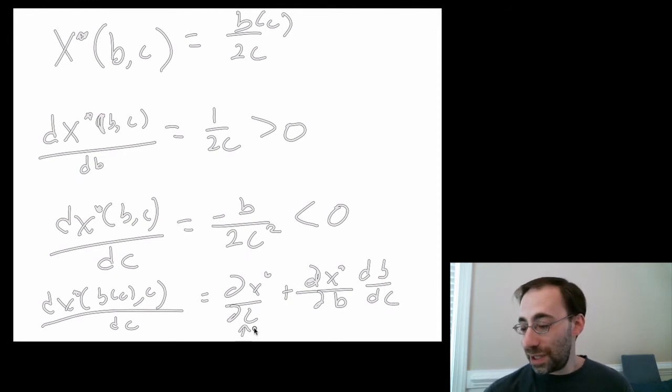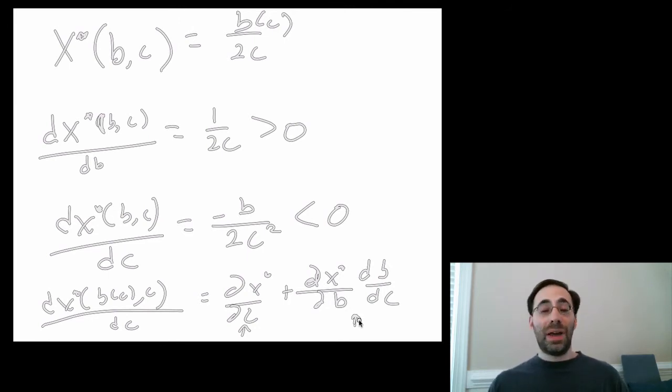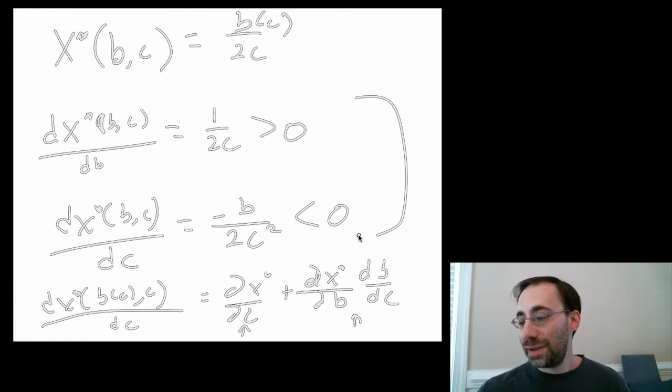This is the direct effect of c on x star, and this is the indirect effect of c on x star acting through b. So sometimes this is a more complicated derivative to define explicitly, but typically our parameters don't depend on other parameters. So typically we have derivatives look just like this when you have an explicit function, an explicitly defined optimum.